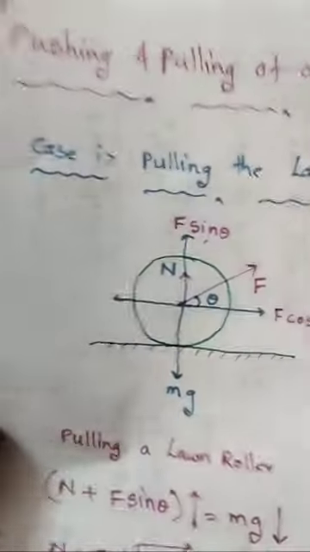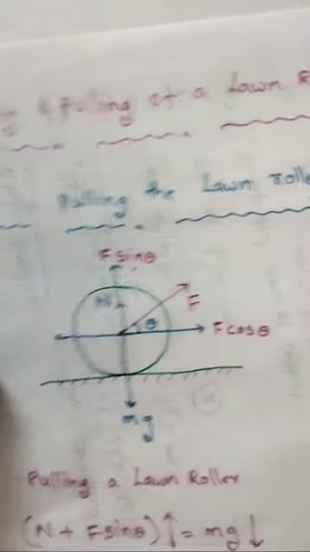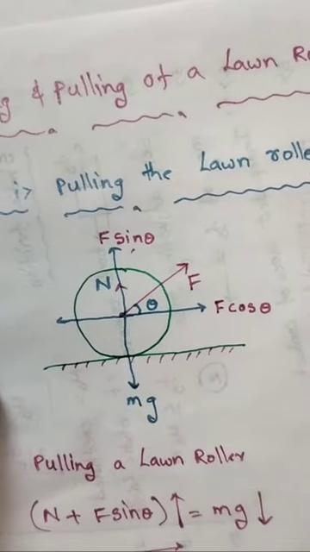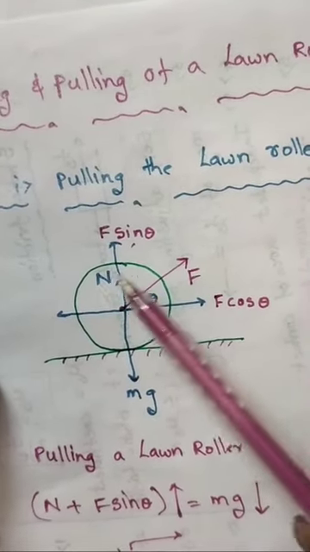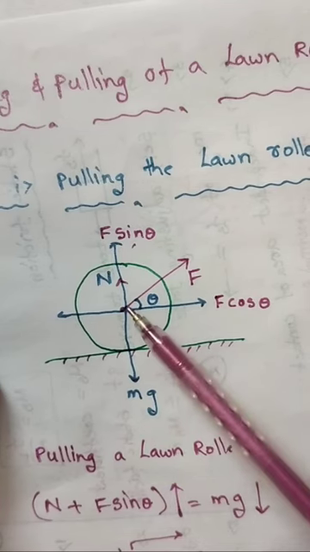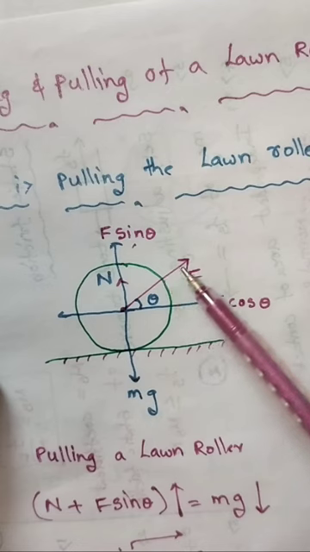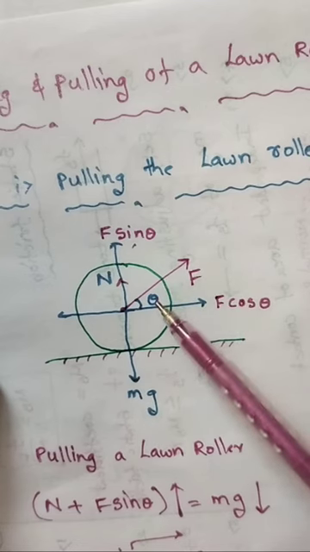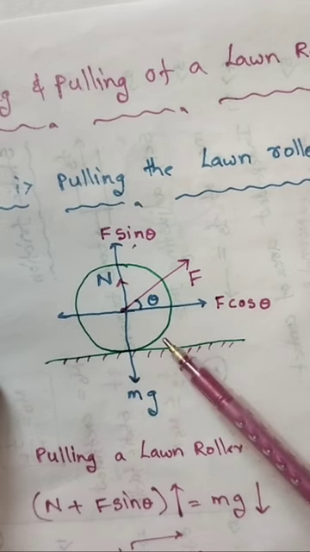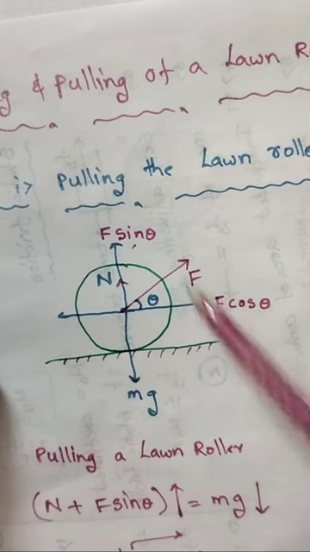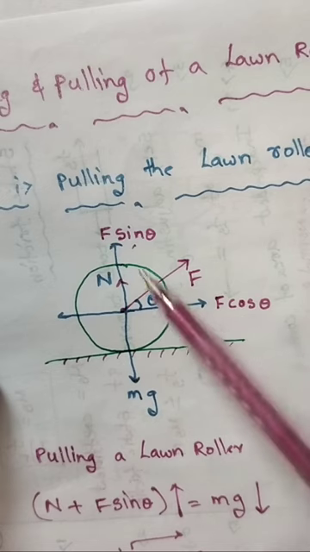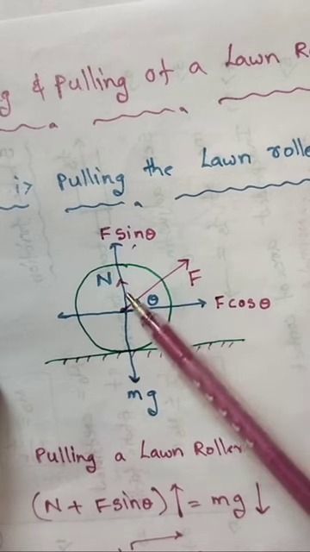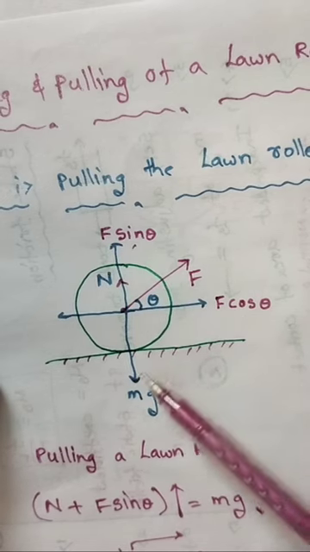So all of you understand here? I will explain once again. What is the pushing and pulling of a lawn roller? First case: here this is the lawn roller, round, with capital F, the pulling force, acting making angle theta with respect to the horizontal. This F is divided into two components, F cos theta and F sin theta, and two other forces are acting.